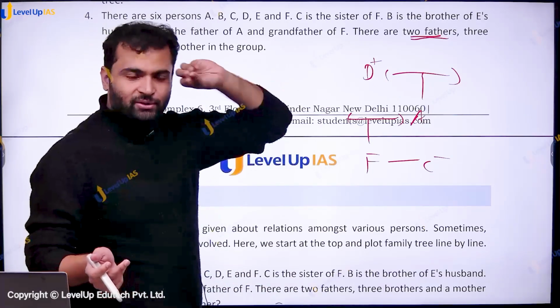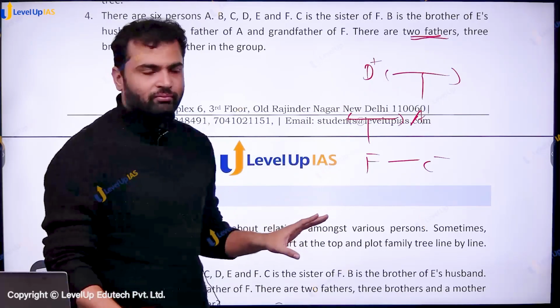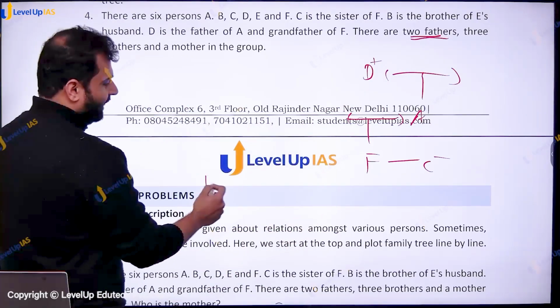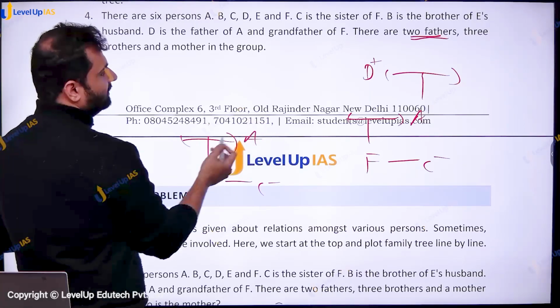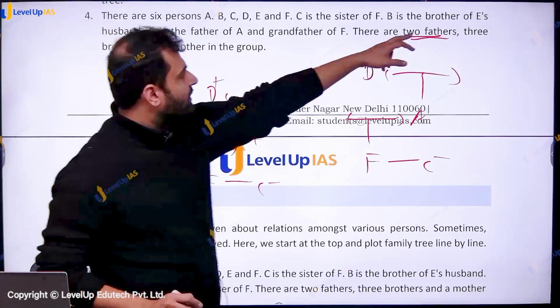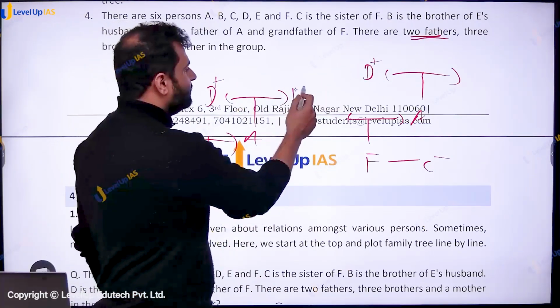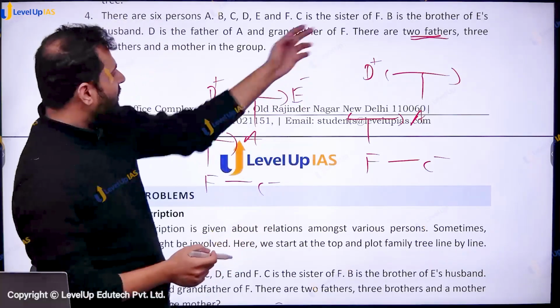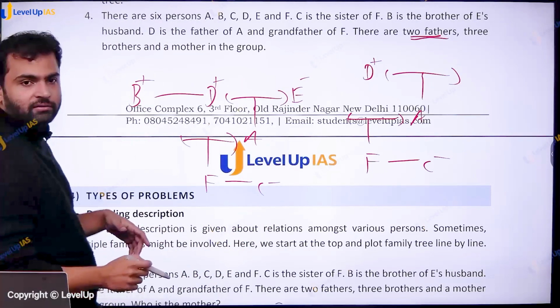If we take, mindlessly just this information, if we plot, we can have two family trees like this: F, C, A, then D. Now E's husband can be D, if E's husband is D and his brother is B. This is one family tree.